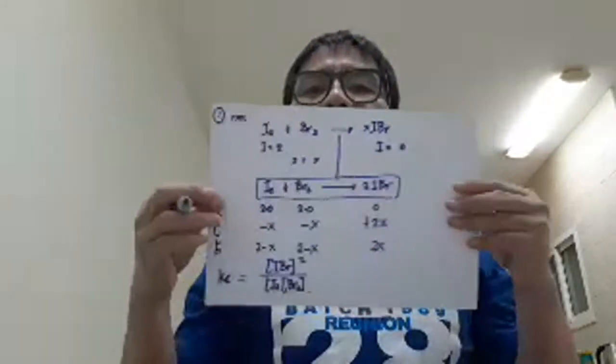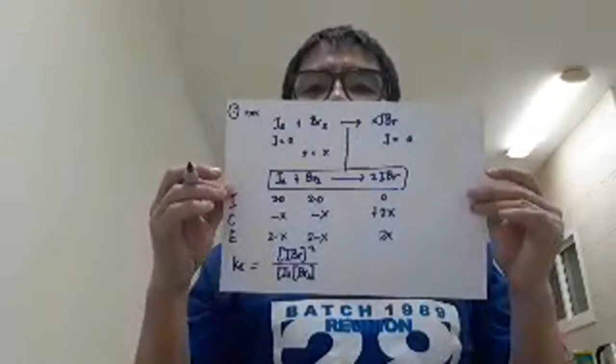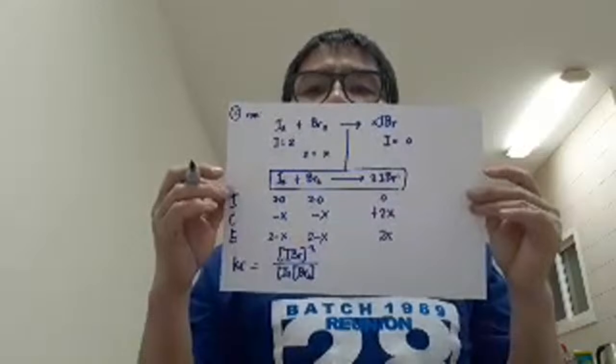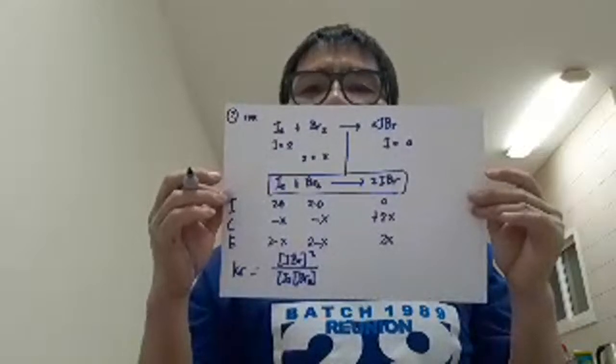Our equilibrium constant expression will be IBr raised to the power 2 over I2 and Br2.